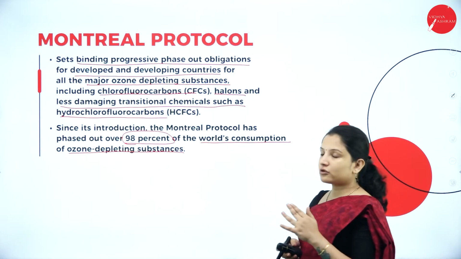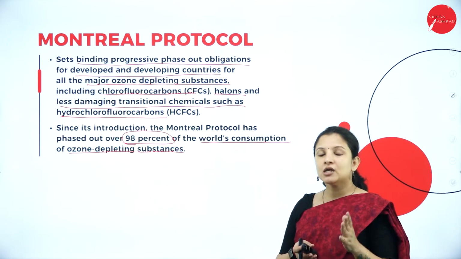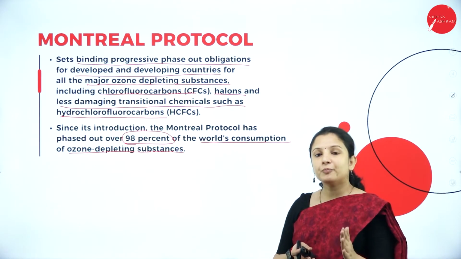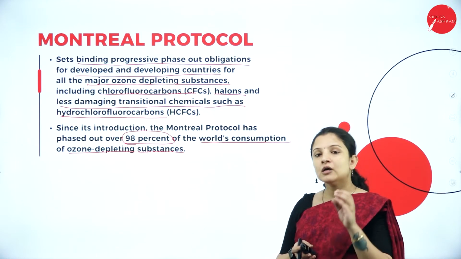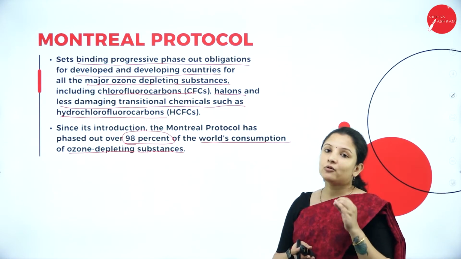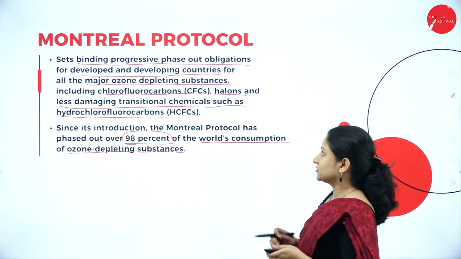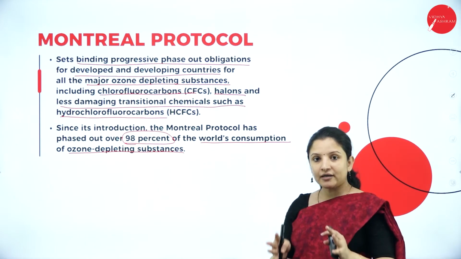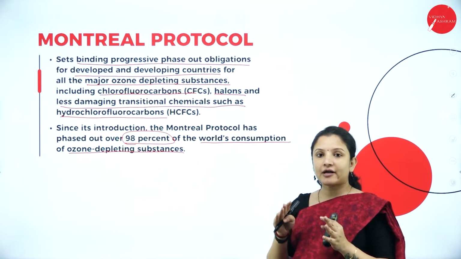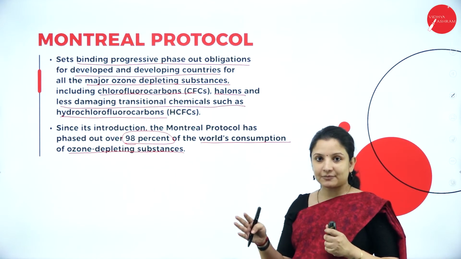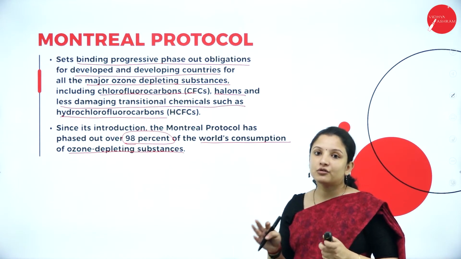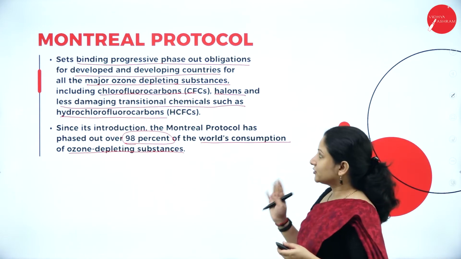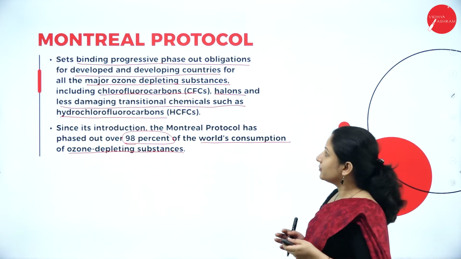The Montreal Protocol has been successful in stopping the manufacturing of materials that contain ozone depleting substances. So the main aim of the Montreal Protocol is to prevent countries from manufacturing ozone depleting substances so that the ozone layer can be protected. So that is the main function of the Montreal Protocol.